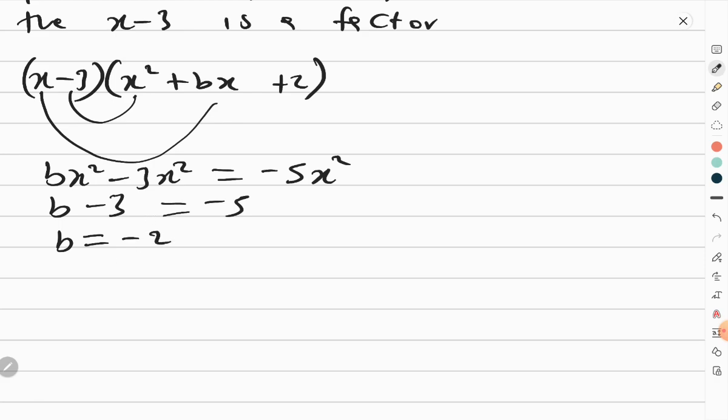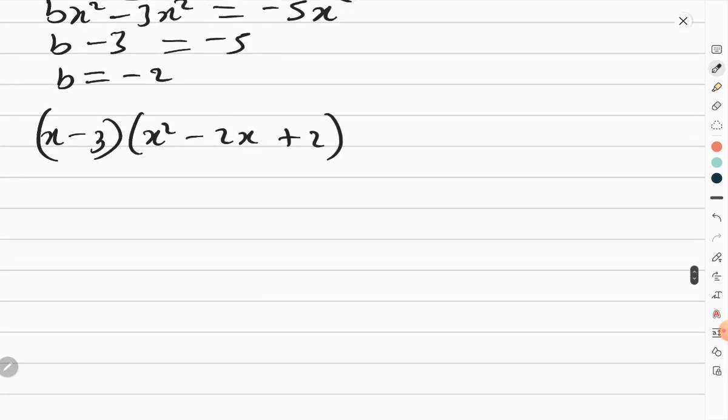So basically our b is -2, then we have x minus 3 times x squared minus 2x plus 2. So we just have that. We can then continue now, because we are solving. The first solution is this.